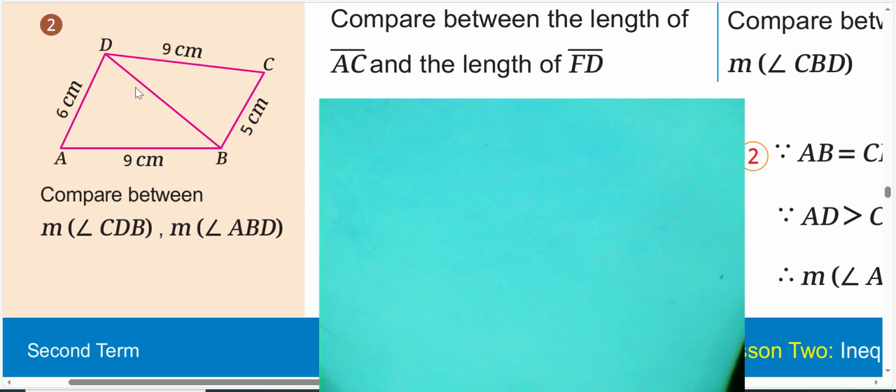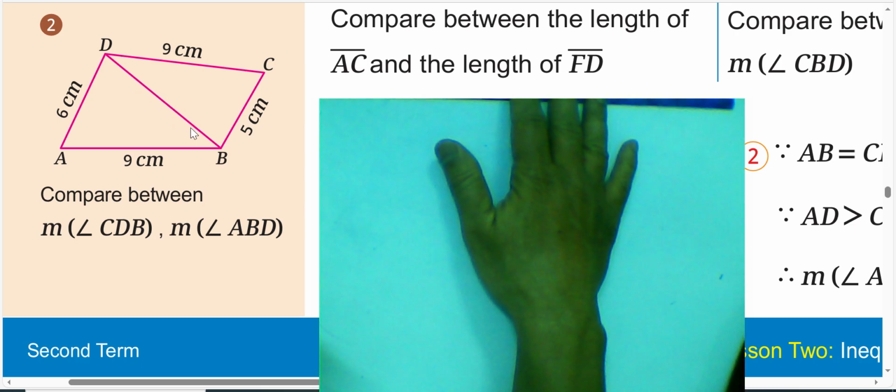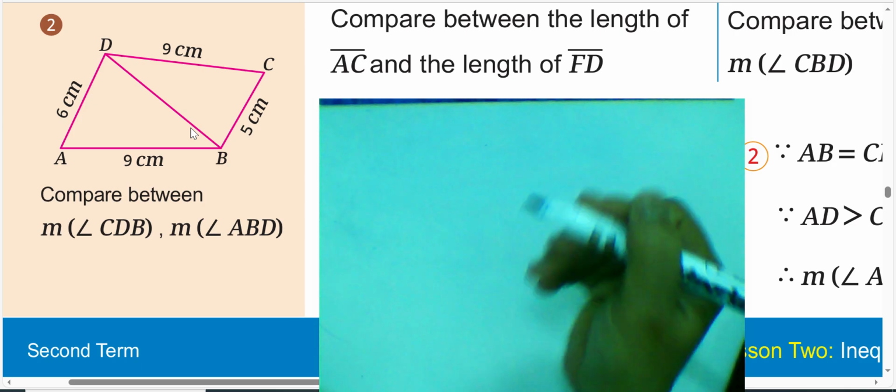He will find the relation between angle CDB and angle ABD. He wants to find the relation between two sides. First, we have DB as the common side. You know, we have two sides in the first equal to two sides in the second. DB is the common side.